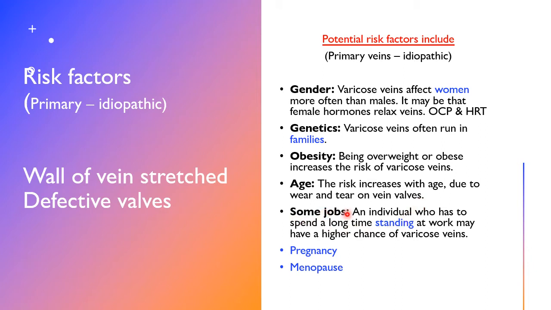Certain jobs that require the patient to stand for long periods of time at work may have a higher chance of varicose veins. I've said pregnancy and other pelvic tumors also predispose the patient to a higher risk. Postmenopausal patients also have a higher risk of developing varicose veins.